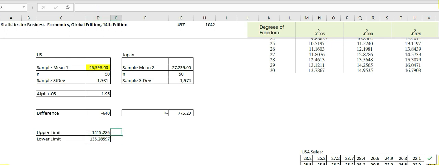Since this is not purely negative to negative or positive to positive, we cannot conclude that the difference is negative or that the difference is positive.